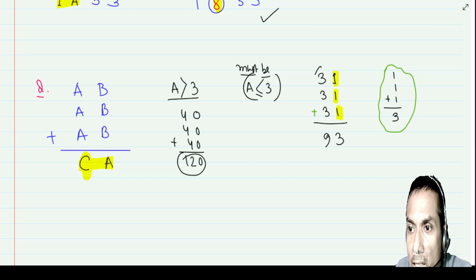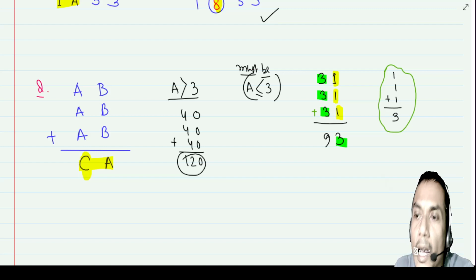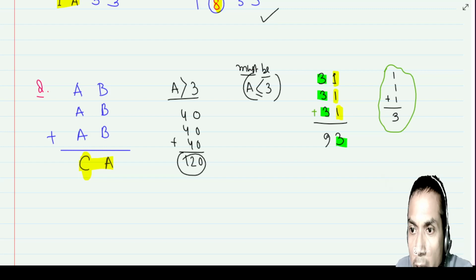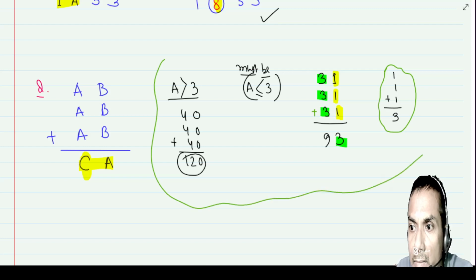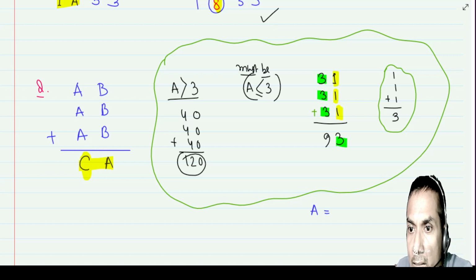So here A is 3 and B is 1. It is the right answer. Logic is clear? So the answer is A is 3.